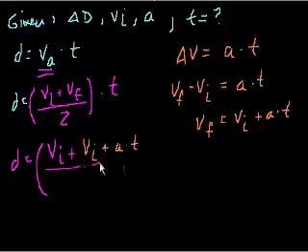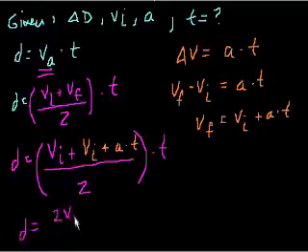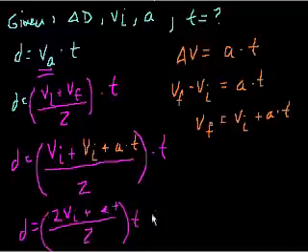And then we divide all of that by 2 times time. And so we get d is equal to, so let's see, we have 2 in the numerator, 2 initial velocity, 2 vi, plus at over 2, all of that times t.